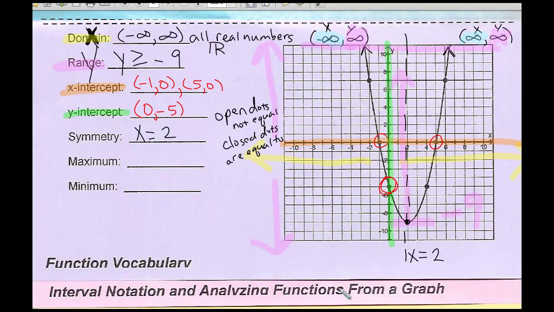The maximum is the highest point on the graph. We don't have a high point on this graph, so it's none. And the minimum is the lowest point on the graph. And the lowest point on the graph is 2, -9.